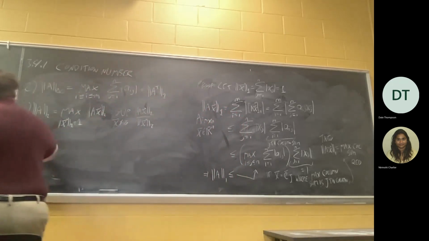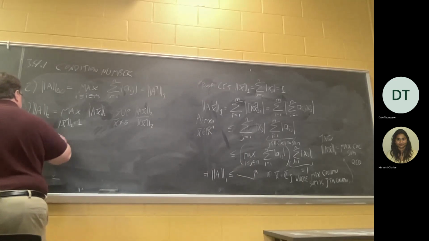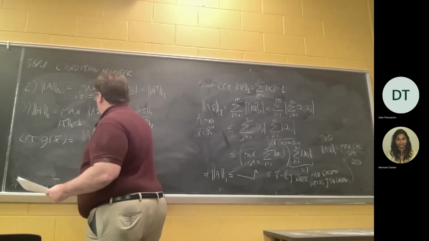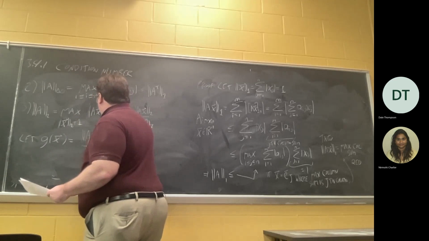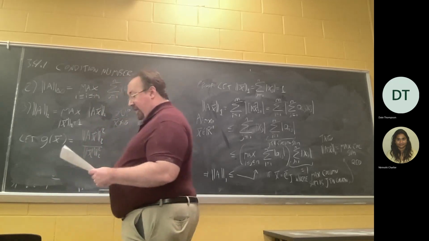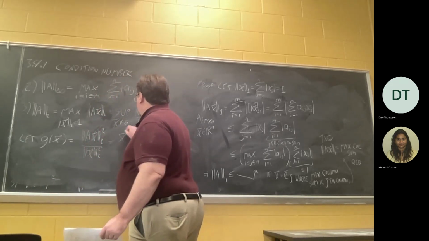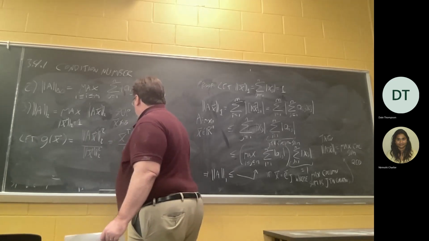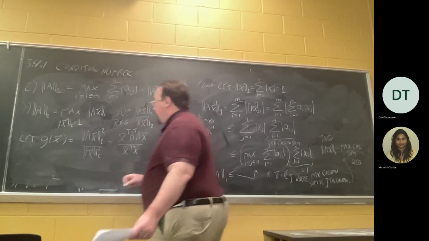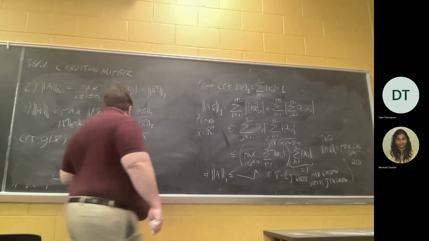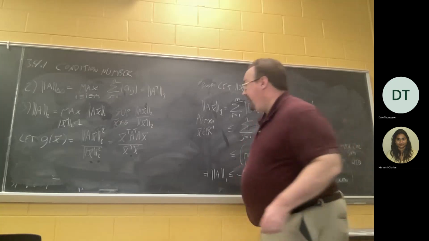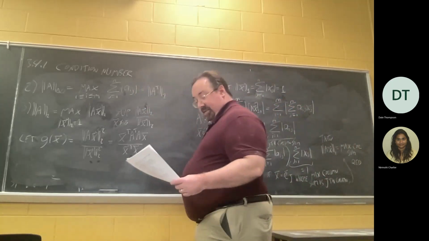So I'm going to define a function g of x to be equal to the two norm of AX squared over the two norm of X squared. That would be the same as X transpose A transpose AX over X transpose X, because in general, the two norm of a vector squared is the same as the dot product of a vector with itself.